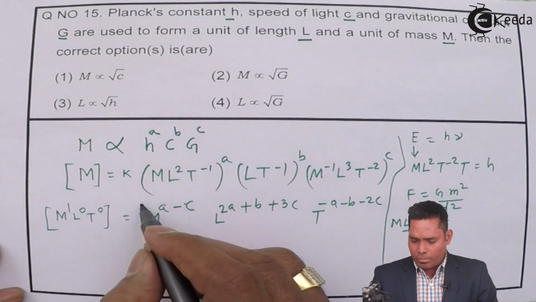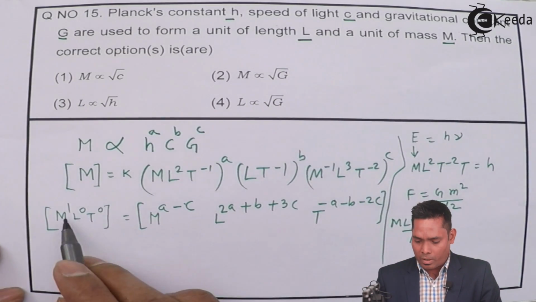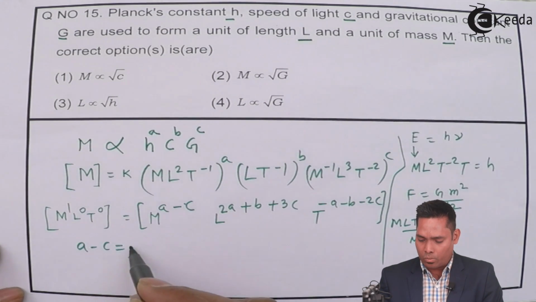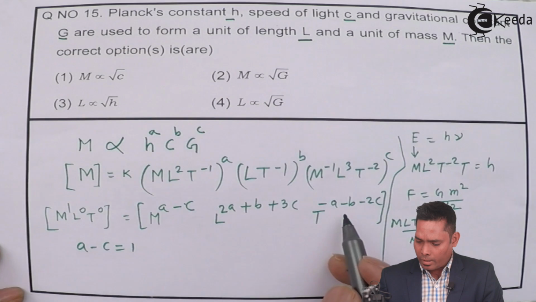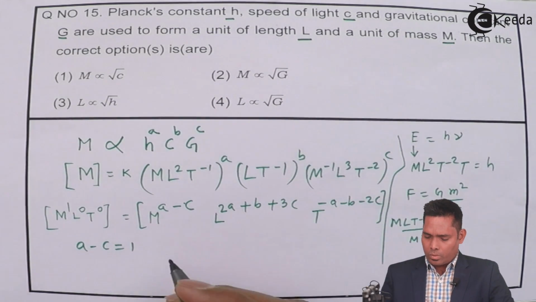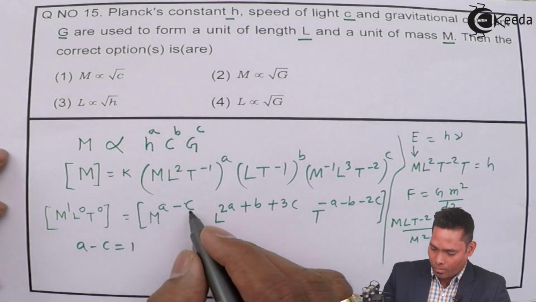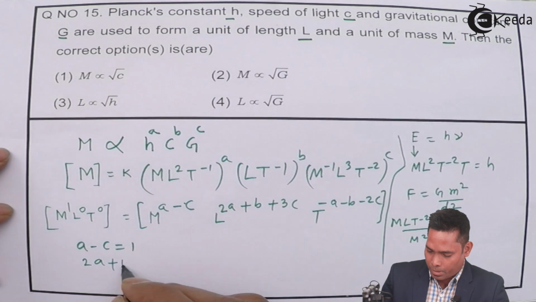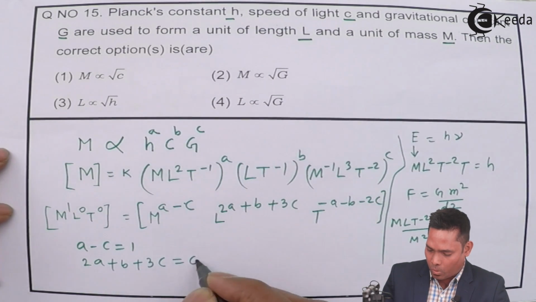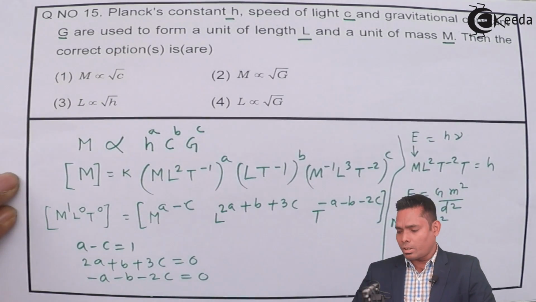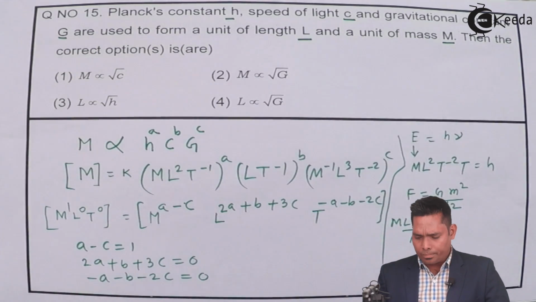If this is matching, then the power of m, which is 1, must equal a minus c, so a minus c equals 1. Then we write these two: 2a plus b plus 3c must be 0, and minus a minus b minus 2c is 0. So these are the three equations to solve.